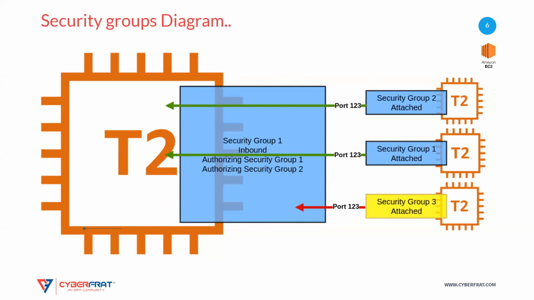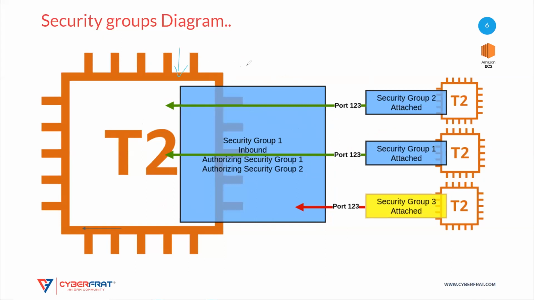So for example, this is the EC2 instance, and this is the security group attached to this instance. What I'm saying is all the connections on port 123 from all the resources. Consider that security group 1 is attached to 10 EC2 instances.